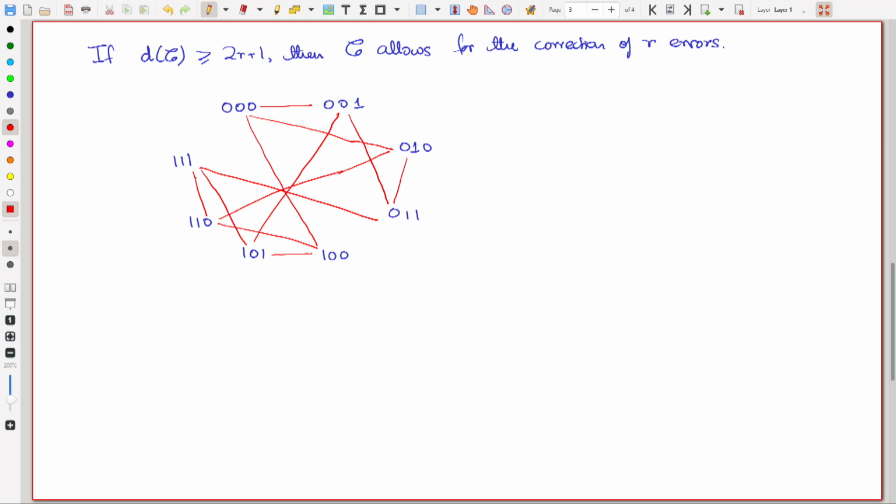So, you can think of it as a graph, and now suppose I take two. In this case the maximum distance between two vertices is 3, right. So, for example, 111 and 000, their Hamming distance is 3.